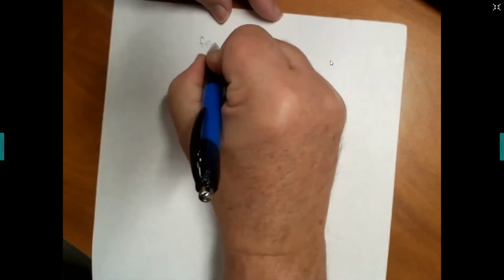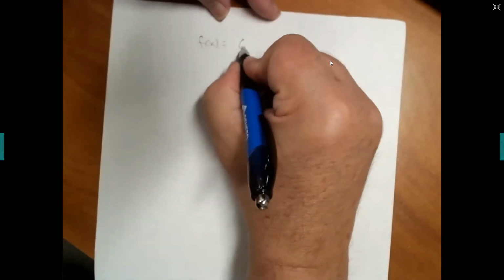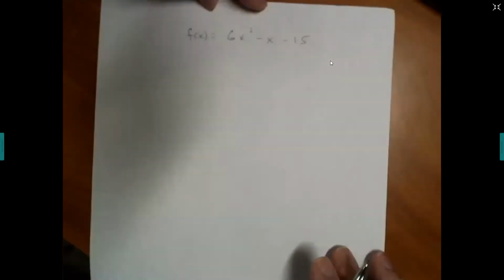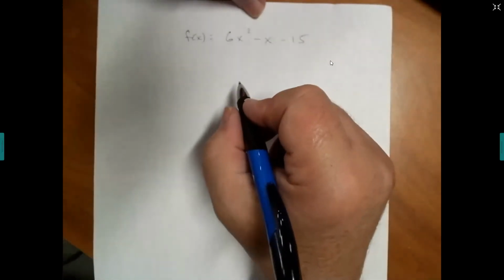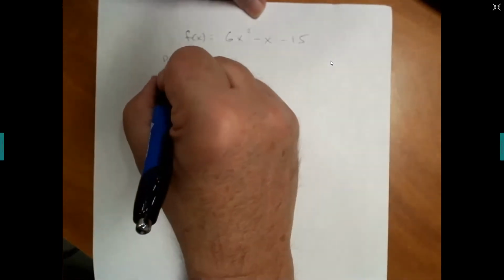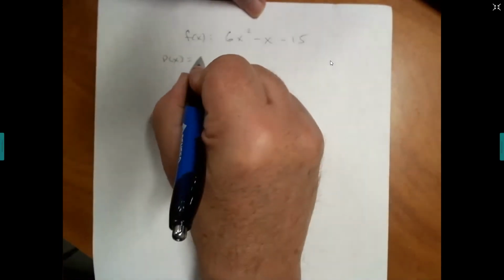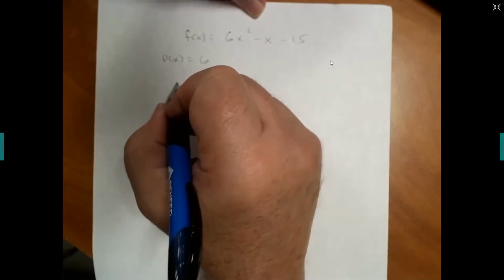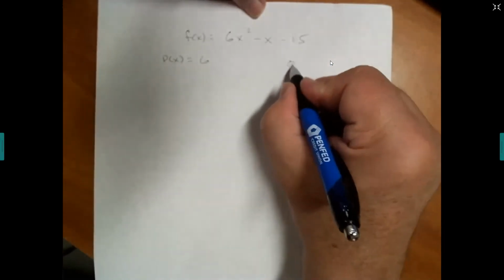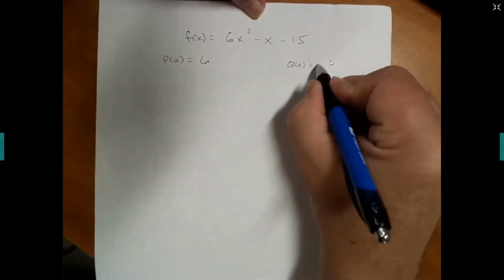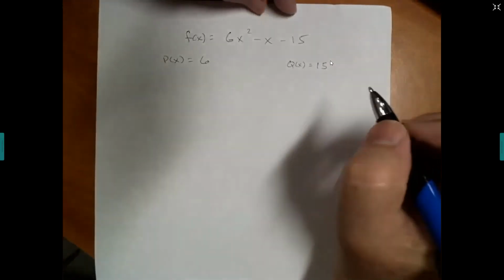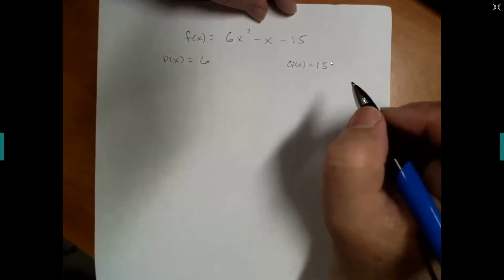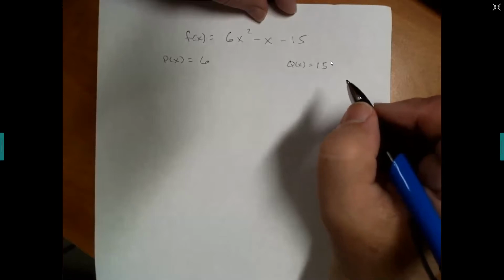What if I gave you a polynomial that looks like this? What's my P? It's 6. What's my Q? 15.